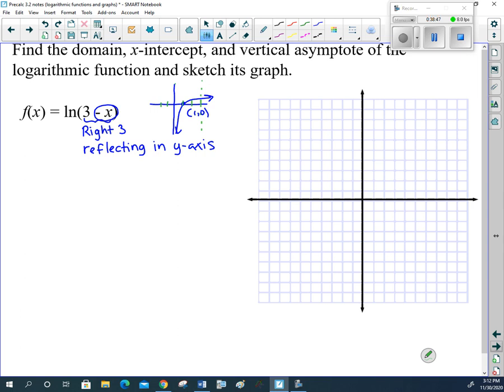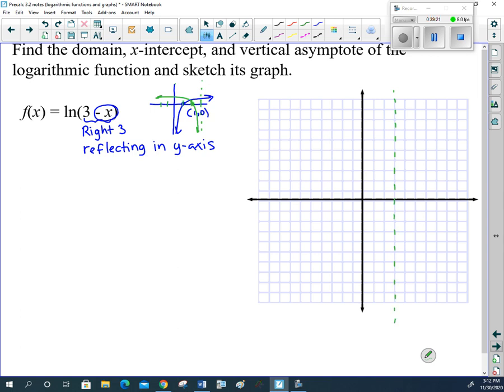And so this point right here is going to end up right here. Okay. And then our graph is going to look something like this. Well, that was just a sketch that I made. So I know that my asymptote goes right 3, so I'll come over here and move it right 3.